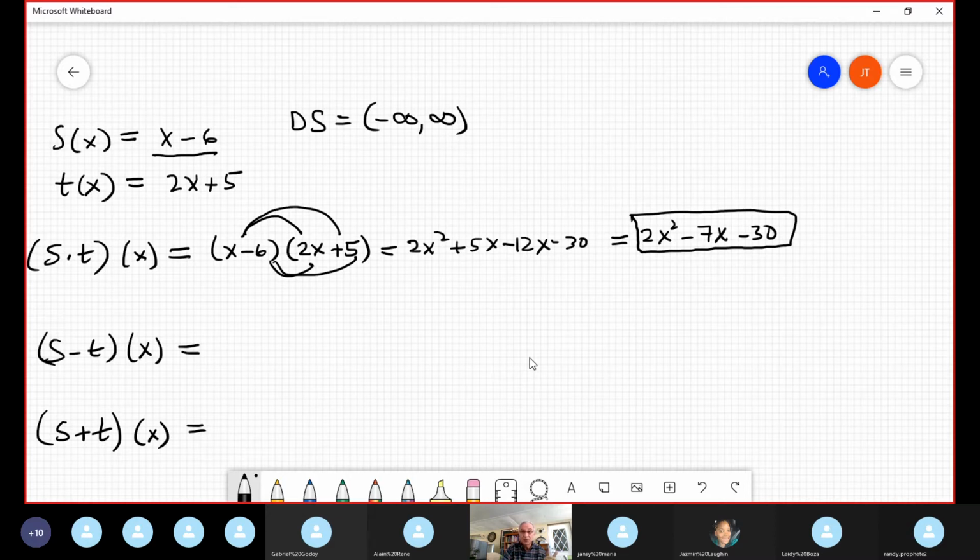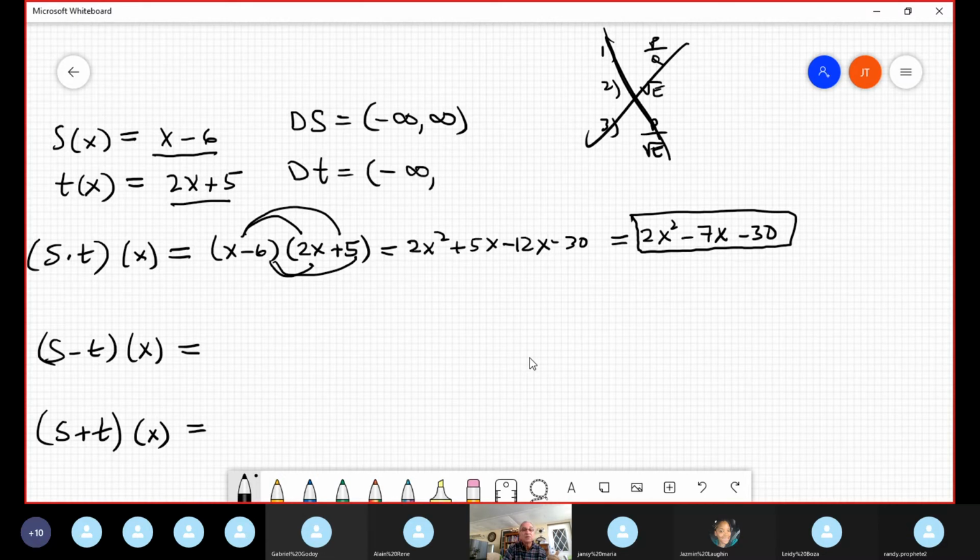You remember the three restrictions: division, radical in the top, or radical in the bottom. This is exactly the same, a linear function. The domain of t is all real numbers. Therefore, the domain of this new one is all real numbers also, because of the intersection.